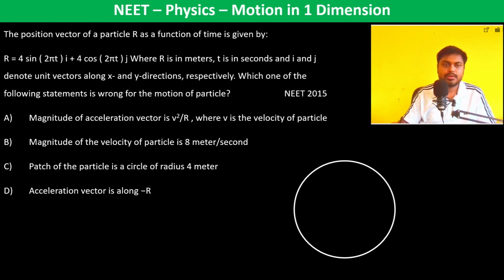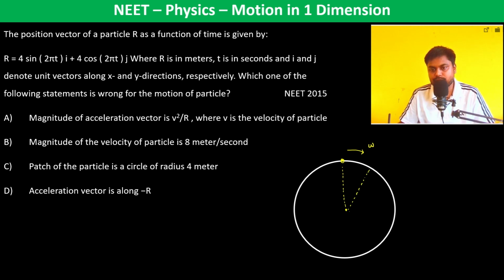Thank you. The position vector of a particle r as a function of time is given by r equals 4 sine 2 pi t i cap plus 4 cos 2 pi t j cap. In this case, if you see, the particle is actually starting from here and it's moving with an angular velocity of omega. So this is the x coordinate and this is the y coordinate.